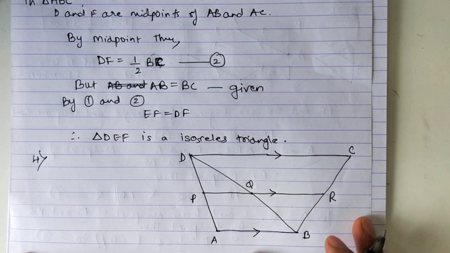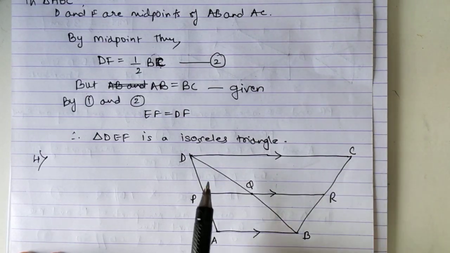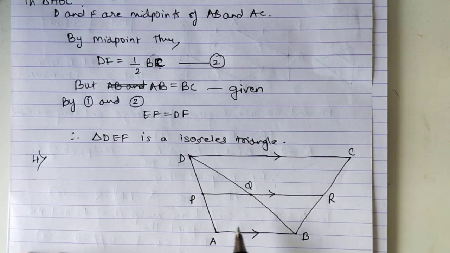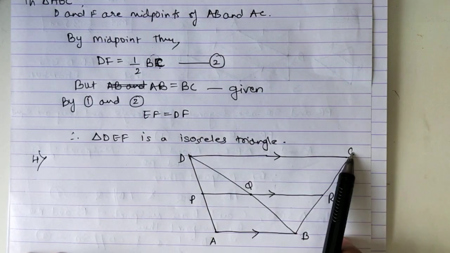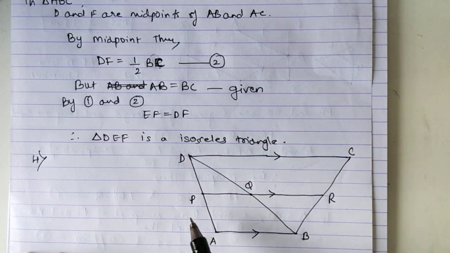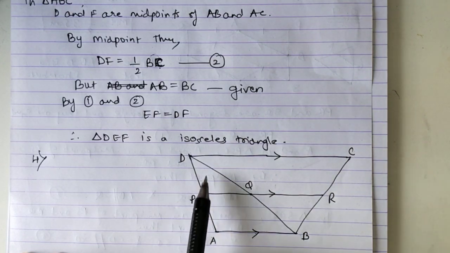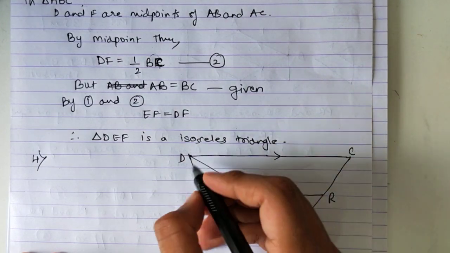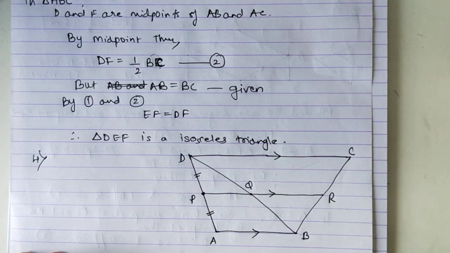Now in this question, they have told that ABCD is a trapezium, in which AB is parallel to CD, and P is the midpoint of AD. P is the midpoint of AD, means these two sides are equal.